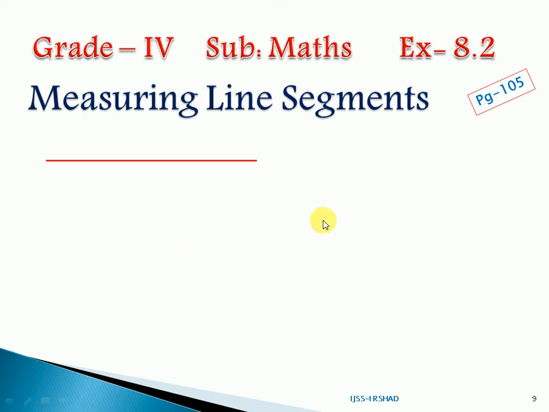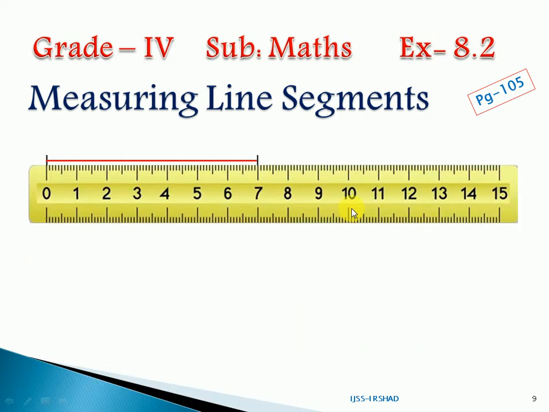So let's have a scale on our screen. See, I have kept the edge of the scale along the line, in such a way that the 0 mark has come at one end of the line, not the end mark of the scale, the 0 mark of the scale, not this one. See, with the pointer I am showing you this.